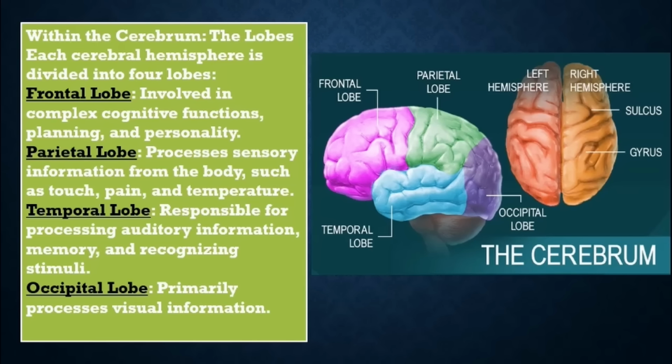Now the last one is the occipital lobe, which primarily processes visual information.